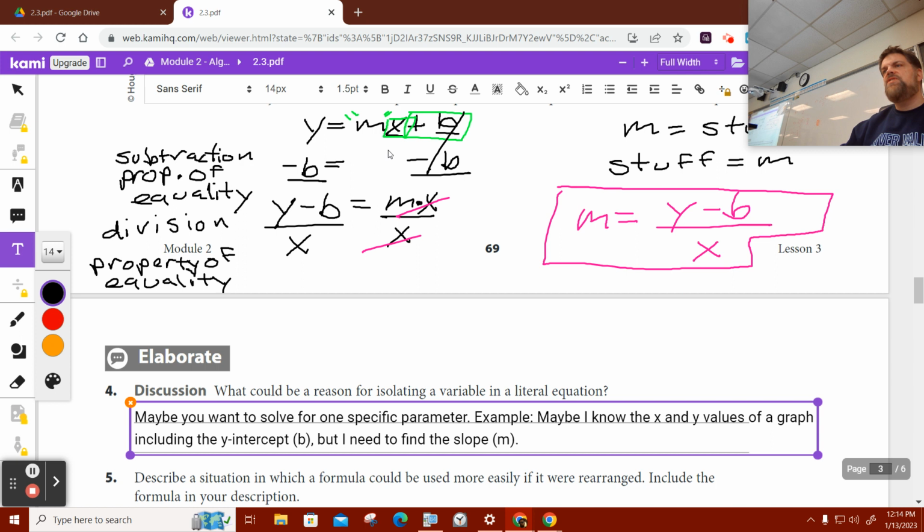In other words, we're used to seeing y equals mx plus b. We plug in an x value, that gives us the y value, but maybe we know a point on the graph and we know the y-intercept, and we want to figure out what the heck is the slope.